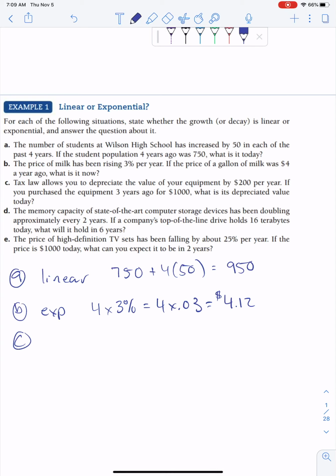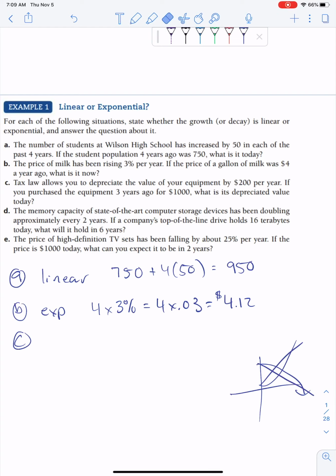C, tax allows you to depreciate the value of your equipment by $200 per year. If you purchased equipment 3 years ago for $1,000, what's its value now? So you're decreasing, which is a lot the same as far as decay or decrease. Your graph is just, instead of going up, your graph is going down. Or instead of a straight line up, it's a straight line down.